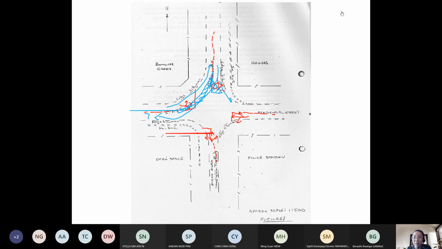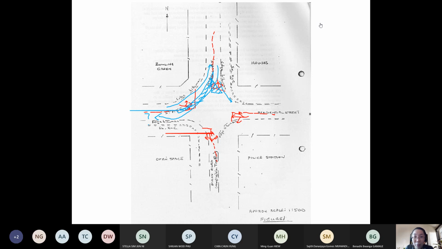Can you just raise your hand if you think that we cannot put a roundabout as a solution for this question? So no one raised.